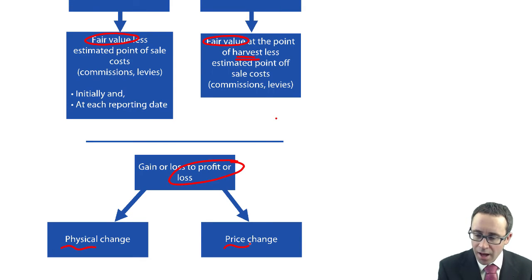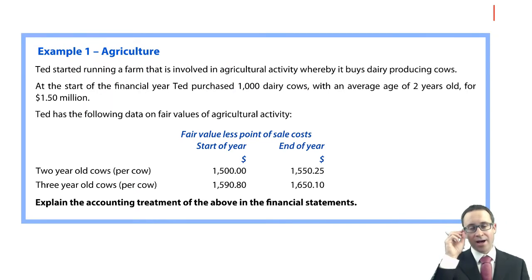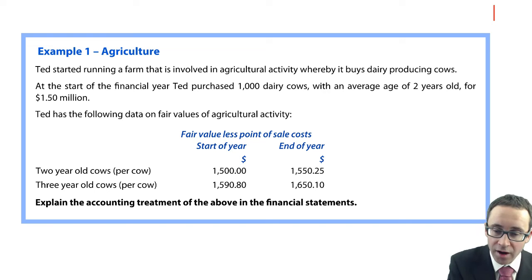Okay, in terms of our example over the page, nice and straightforward. It says explain the accounting treatment of the above in the financial statements. So a little bit of a narrative style question, gearing it more towards question 2 or question 3. It says Ted started running a farm that is involved in agricultural activity.